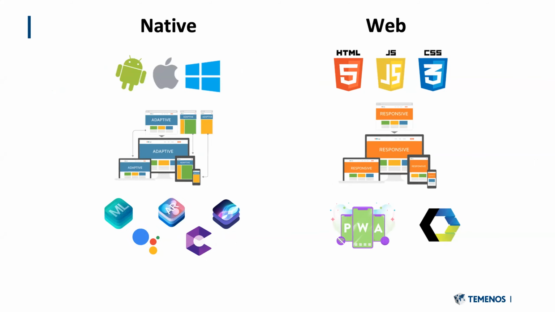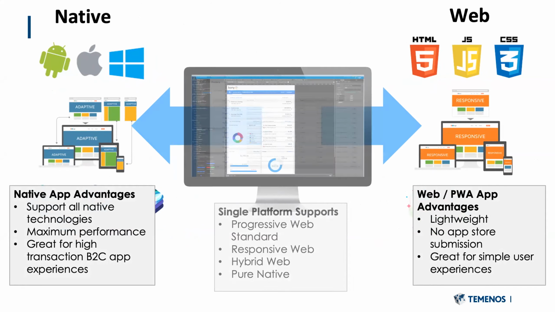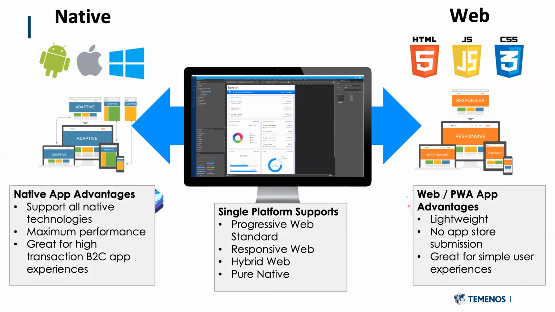At the end of the day, our technologies at Temenos using the Quantum platform support both of these. So there are advantages of developing native applications, such as I mentioned, maximum performance, incredibly high transaction rates for B2C app experiences, especially when you have in the financial world a large number of transactions that you have to scroll through.